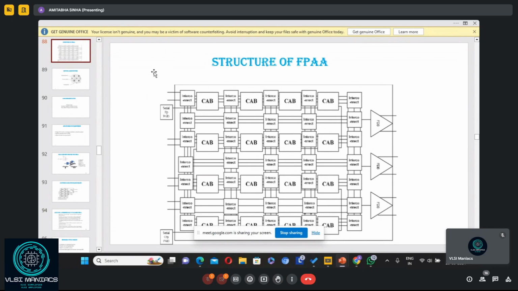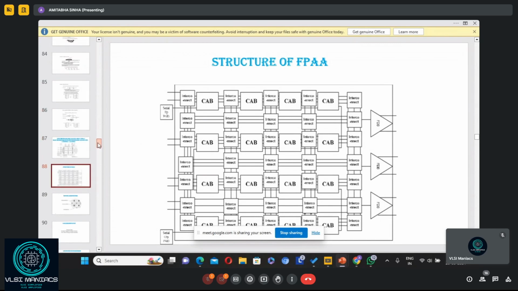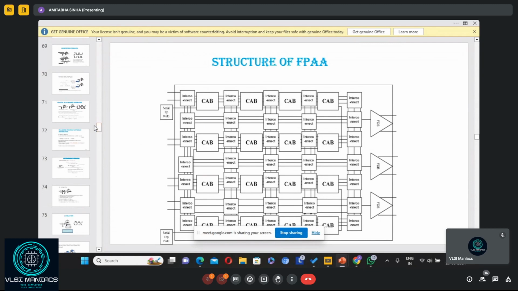Each CAB is meant for making one circuit. For an example, I'm again coming back to the previous one.